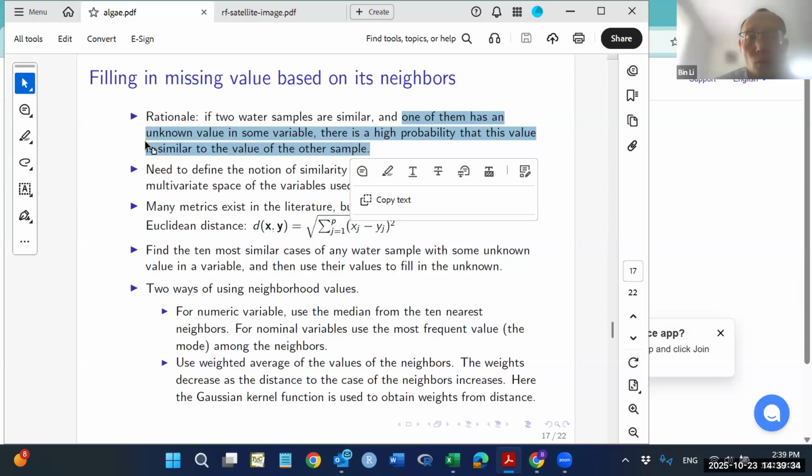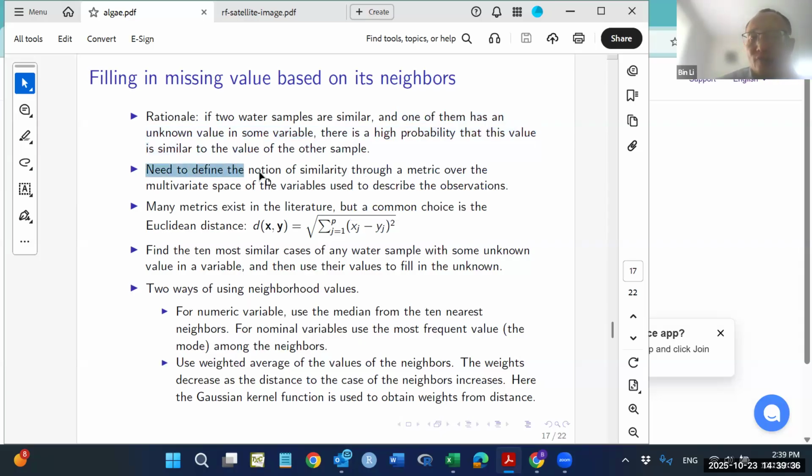So with this approach, we need to define the notion of similarity. How do we define the similarity? We can define the similarity through the distance. If the distance is small, then they are more similar.